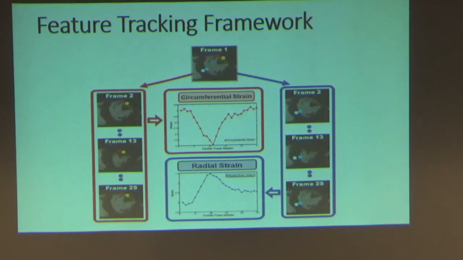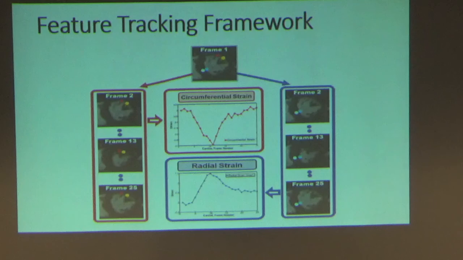So in our hands, in Dr. El-Baz's lab, we combine the conventional Cine methods using feature tracking, and there you can see how we can get out circumferential strain and radial strain just like you can with the fancy MRI data. So we've actually doubled the utility of that conventional data to get out these advanced indices.